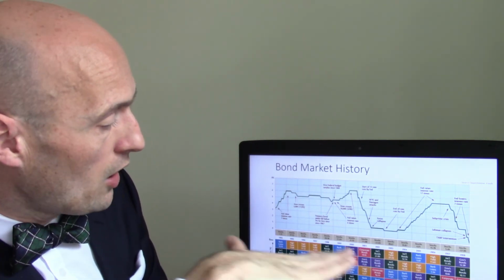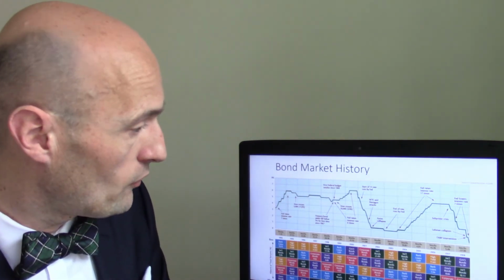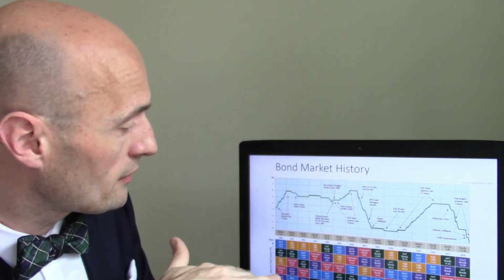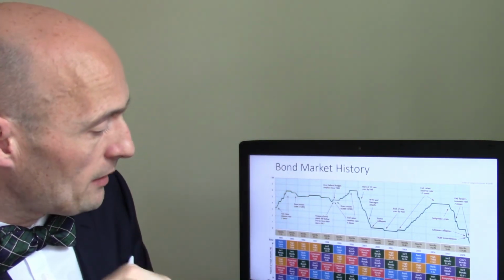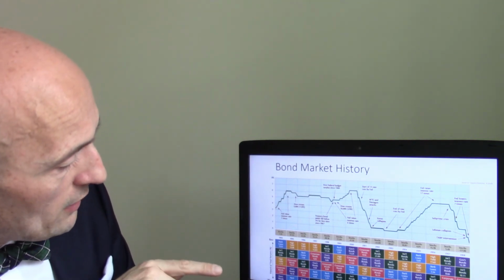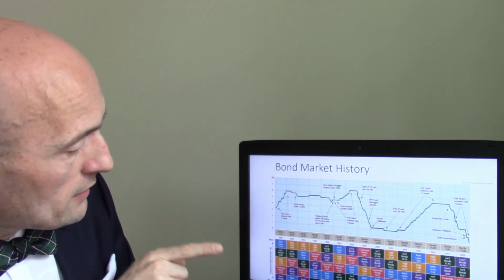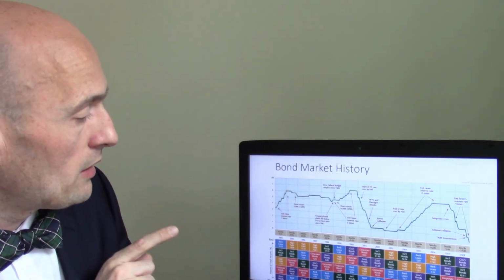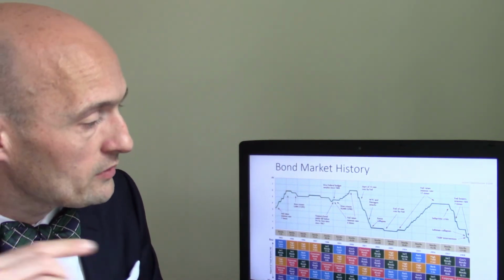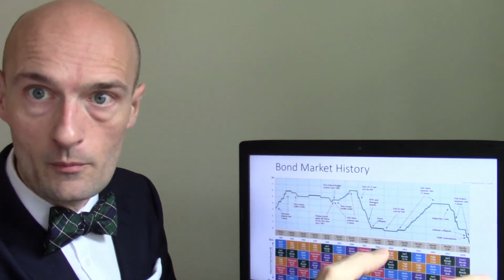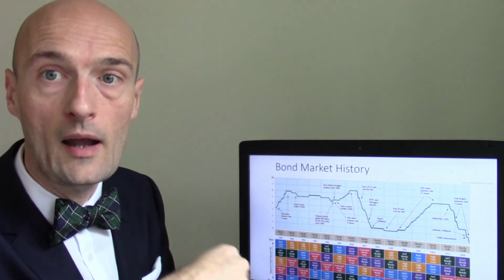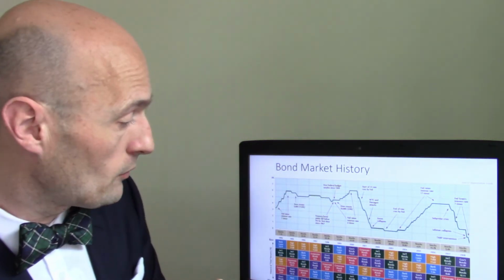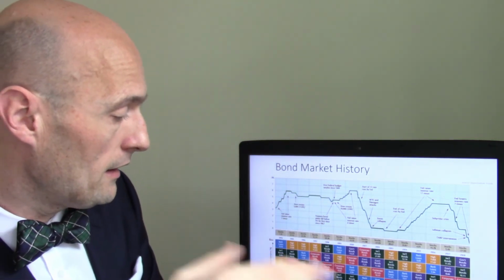And then we've got all of the different bonds and how they performed. And I think this is also from Oppenheimer's website, but from a few years ago. And we've got different types of bonds. So we've got purple is government bonds, red is corporate bonds, yellow is high yield bonds, black is international bonds, and blue is bank loans. And as you can see, as markets have changed, as different things have happened, as rates have gone up and down, different bonds have done well and different bonds have done badly in those environments.